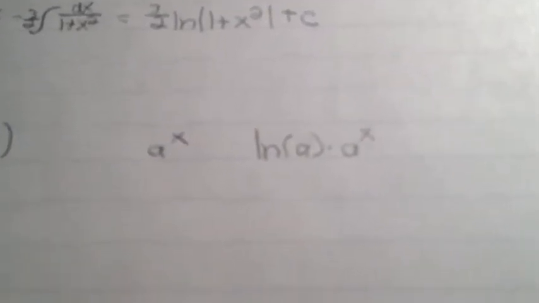When you're taking the derivative of a constant to the x, the derivative is going to be the natural log of a times a to the x times the derivative of the x. In this case, it'd be 1, because it's x. So basically, that's the derivative of a to the x.